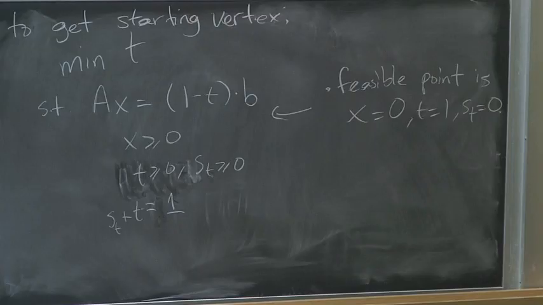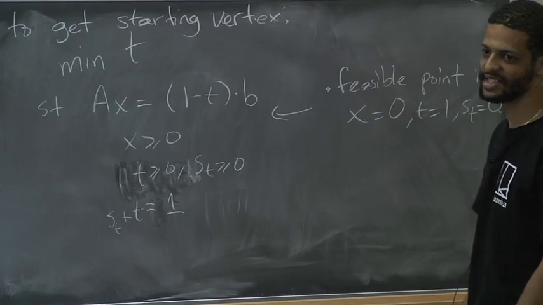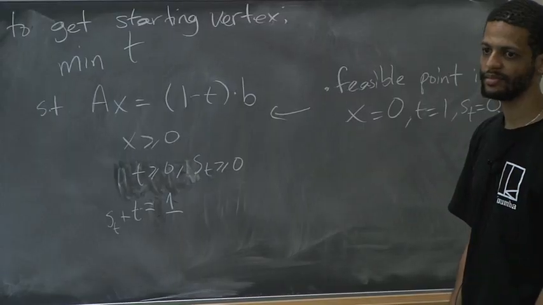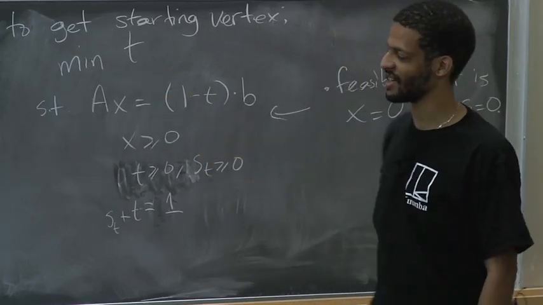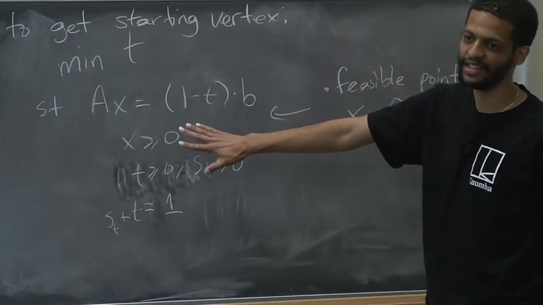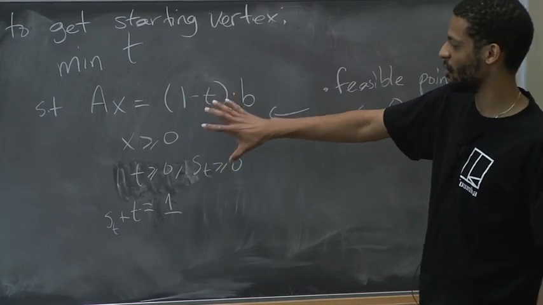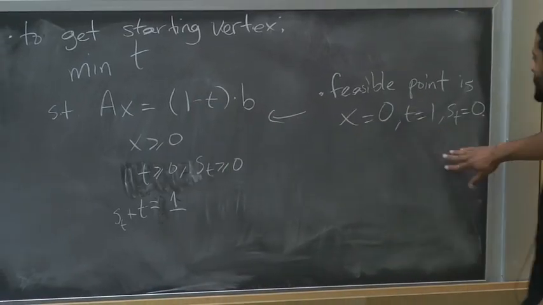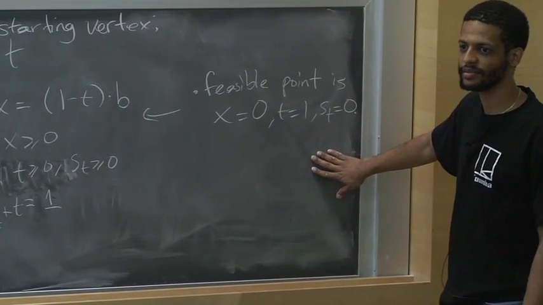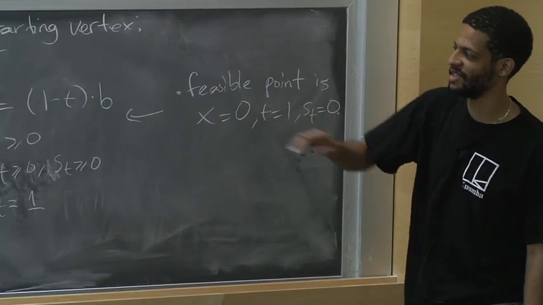Okay, great. So this point does satisfy those constraints. And why is it a vertex? I didn't give you simplex yet, but it starts at a vertex. So we're going to run simplex on this, so we need to make sure that we have a starting vertex, not just a feasible point, for this. I claim that this is a vertex. Do people believe that under that definition of vertex?